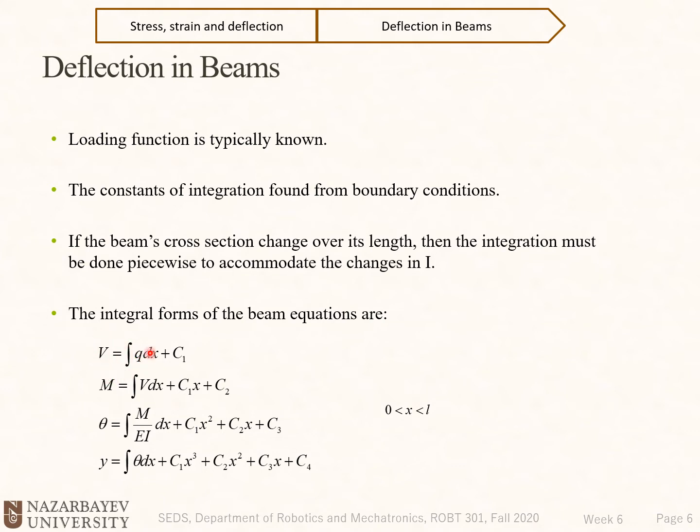So we can integrate and say V is equal to the integral of q dx plus the constant of integration. We know q, we know the loading function, so we should be able to get this integral. Then we again had the equation before that M is equal to the integral of V dx.